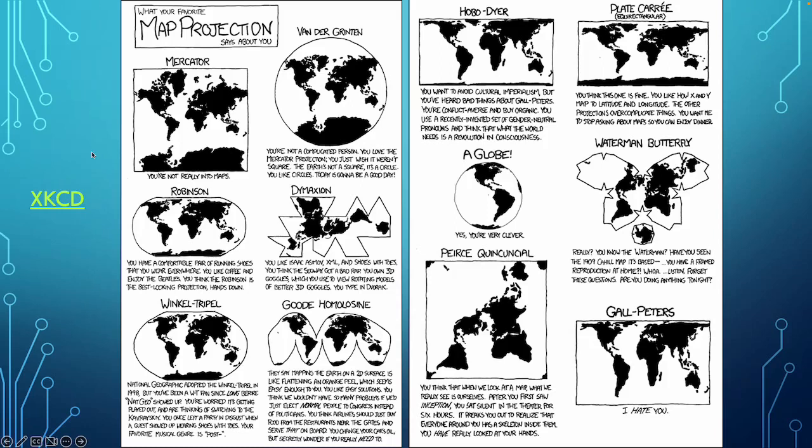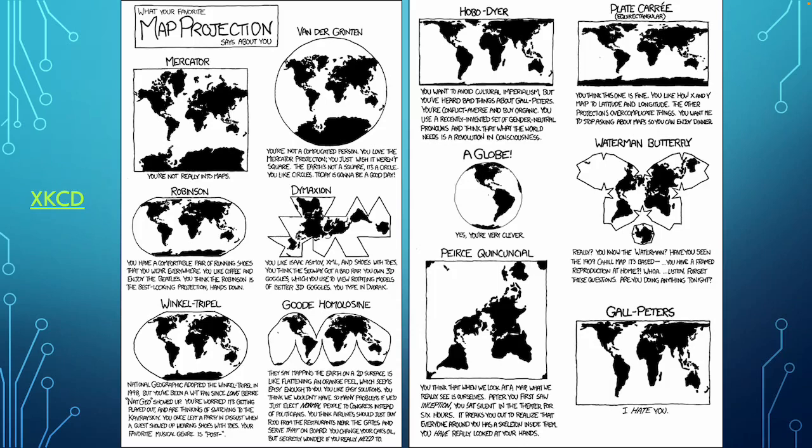There are some inside jokes about different kinds of projections and what they are like. But the reason I bring this up is that it shows some different ways that people have approached making different kinds of projections. There's a Mercator and there's Robinson, two that we've talked about.